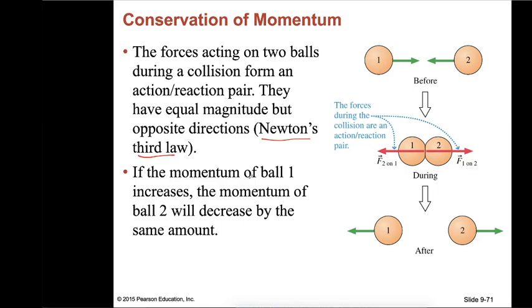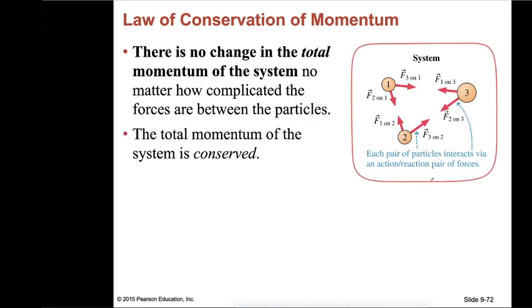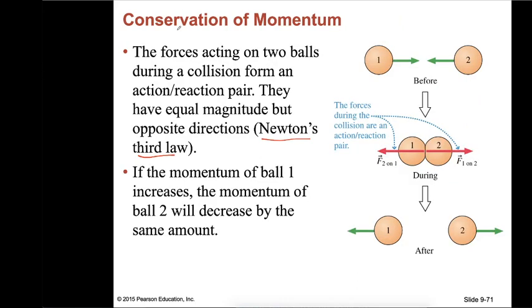If the momentum of body 1 increases, the momentum of body 2 will decrease by the same amount. For example, when body 1 and body 2 have a collision, after the collision, their momentum changes. And the momentum decrease of body 1 is the same as the momentum increase of body 2. That's the conservation of momentum.